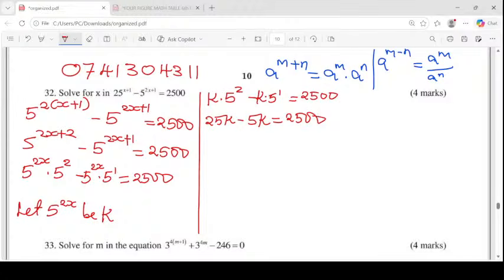So this will be 25k minus 5k, which is 20k, equals 2500. So k is 2500 divided by 20. When you divide 2500 by 20, you get 125. Remember, 125 can be expressed to base 5 because 5 cubed is 125. So k is 5 cubed.